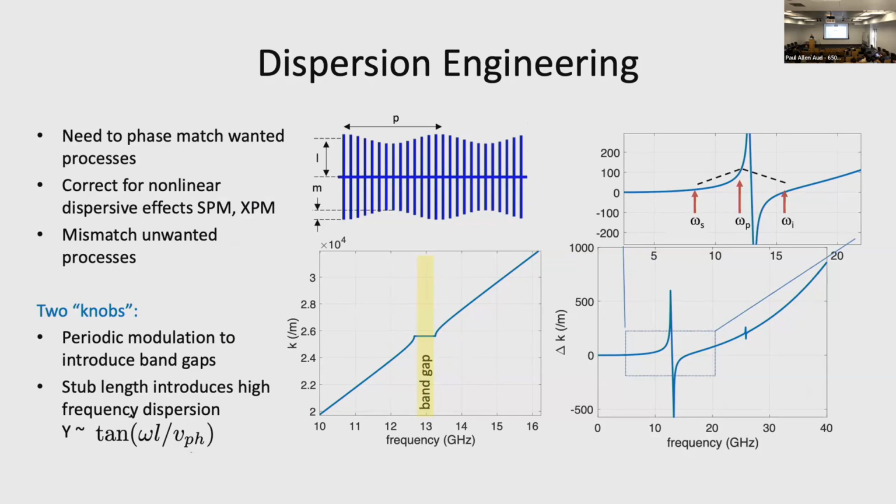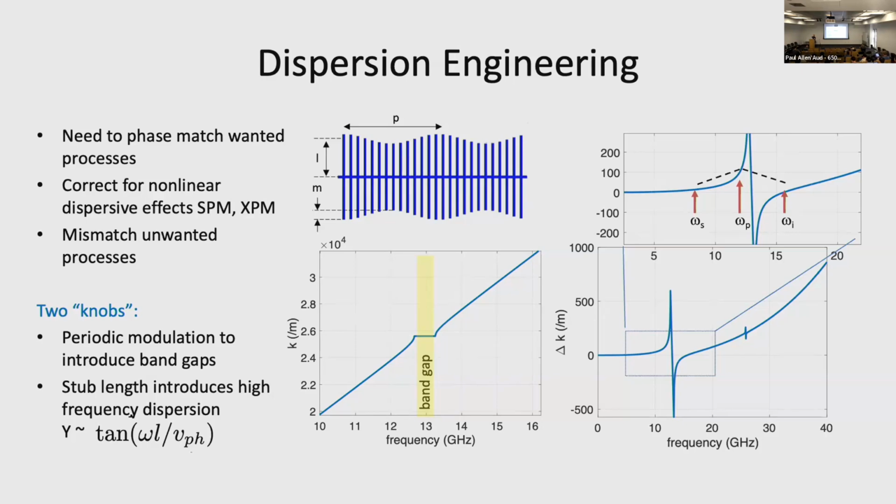The second goal is that we need to mismatch all of the other nonlinear processes that you can possibly get. This is a bit different from what happens at optical frequencies. There the materials have a strong inherent dispersion, and it's difficult to just match one process.